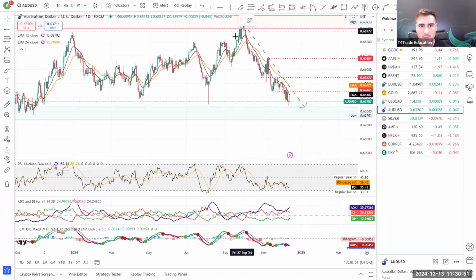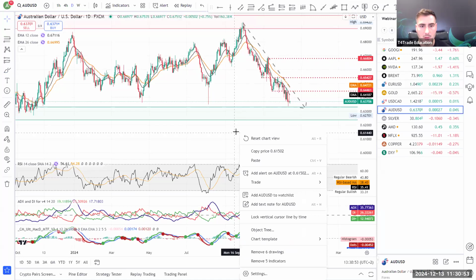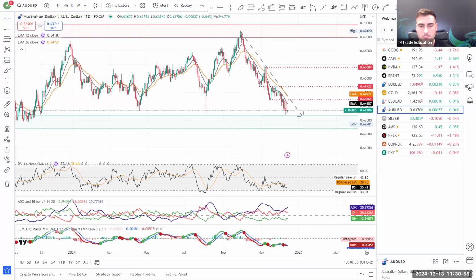Let me mark it to show what I mean by lower high. So this is the high, this is the lower low, lower high, lower low, lower high, lower low. This is the basic definition of descending price action. So, lower highs and lower lows.